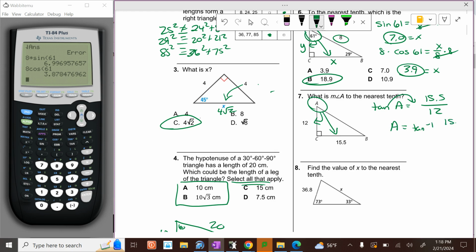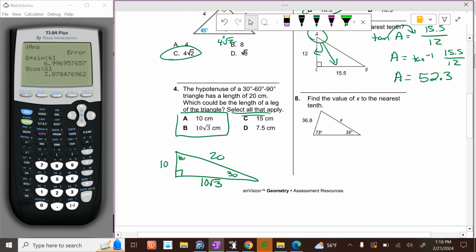So when you're finding an angle, you use the inverse function button. What'd you get? 52 point something? 52.3? I'll trust you. All right.